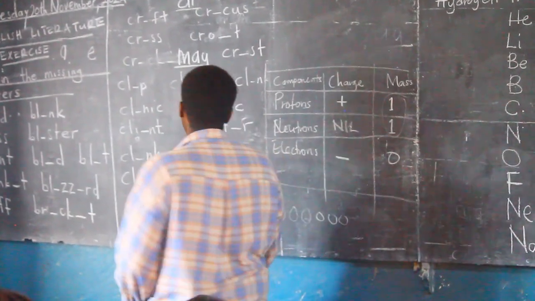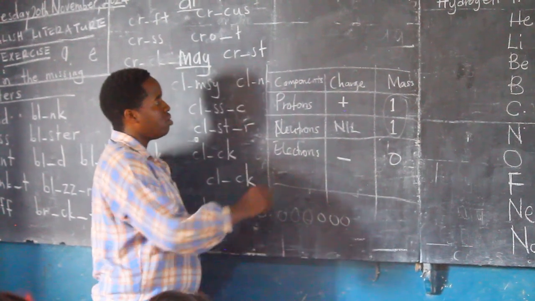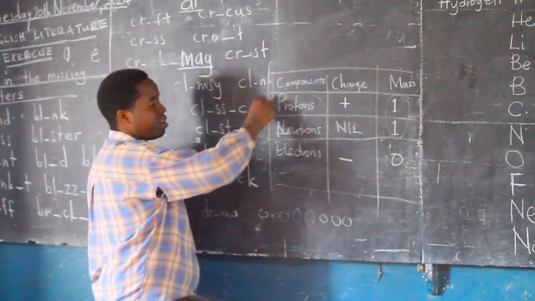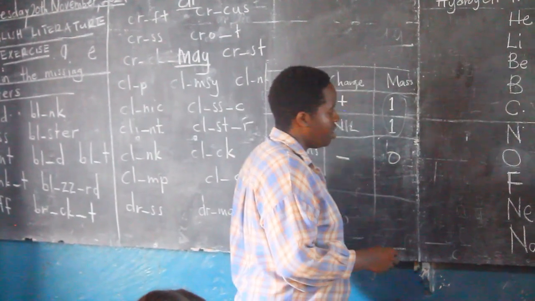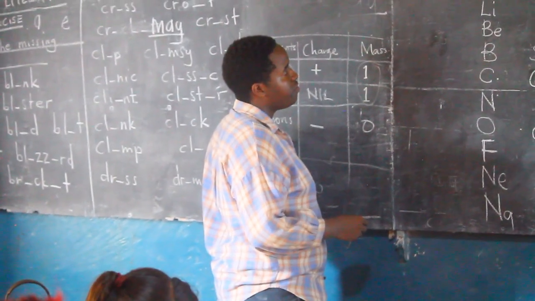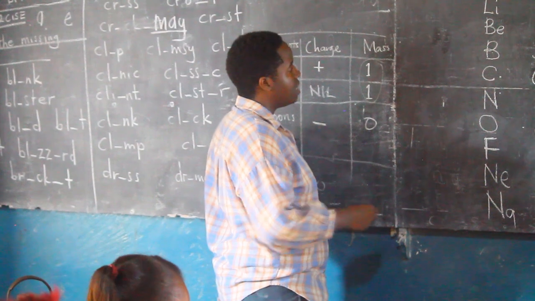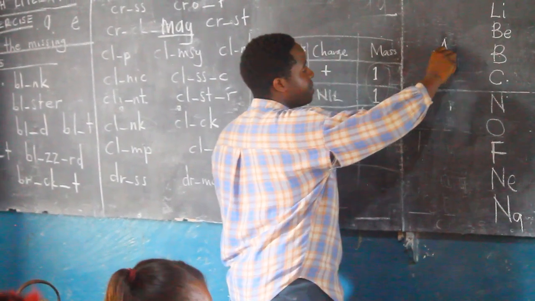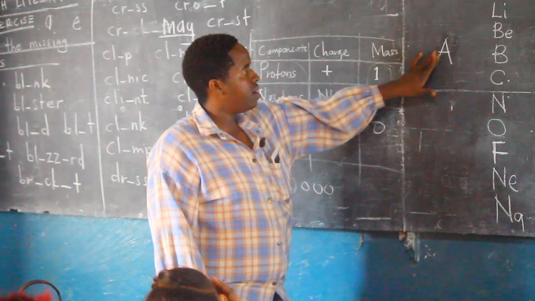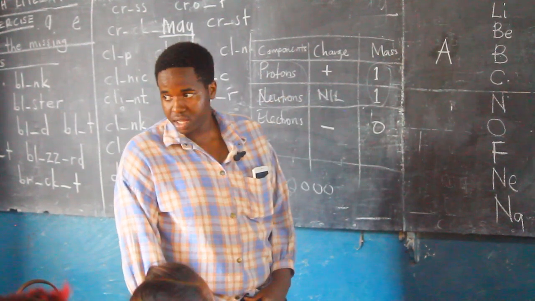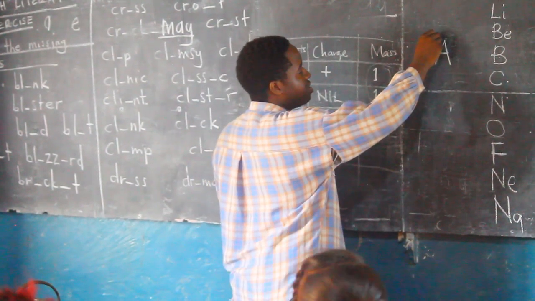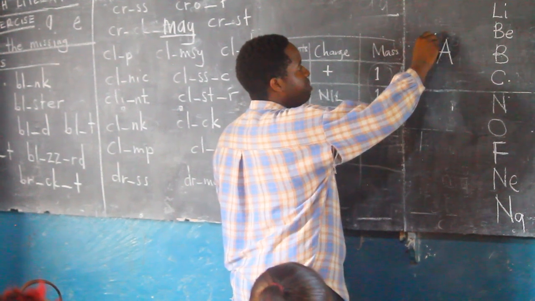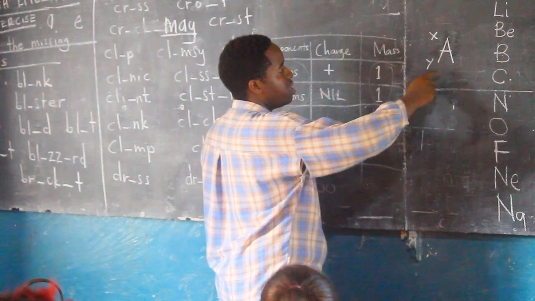Now is the catch. We said the number of protons and neutrons make what we call the atomic mass, the mass of an element. So let's say we have an element A. That element A, we are going to indicate a figure somewhere here, like maybe X, then Y down here.